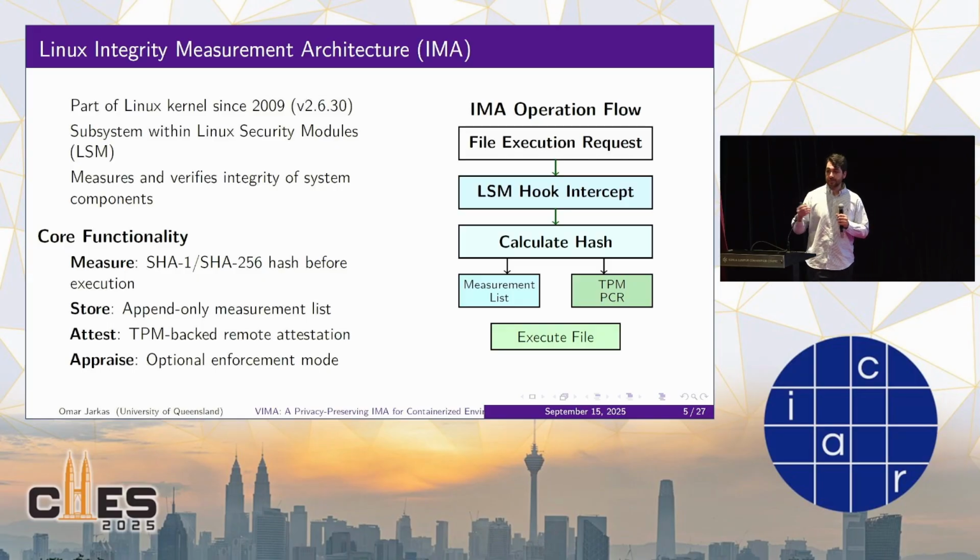Yes, so the TPM is great, but it can only do so much without the overlying software framework that allows it to extend its functionality. And the best framework that exists for extending the TPM functionality in modern computing is the Linux Integrity Measurement Architecture, which was proposed by a paper accepted to Usenix in 2004, and then it was made into the mainstream Linux kernel in 2009.